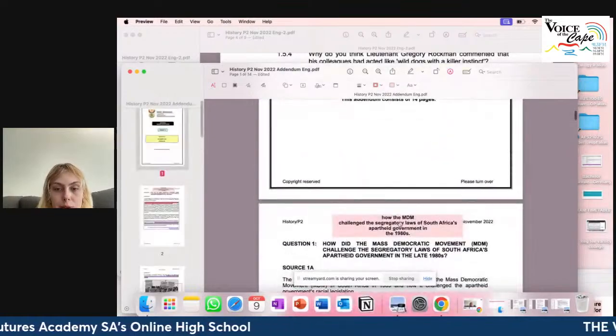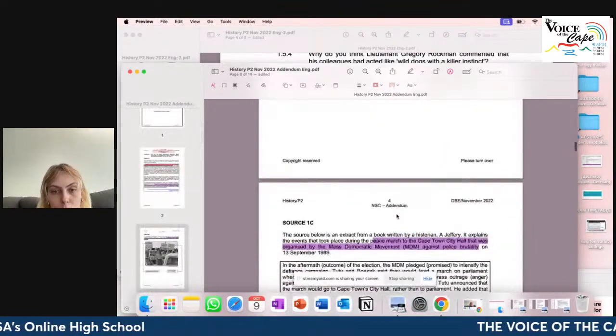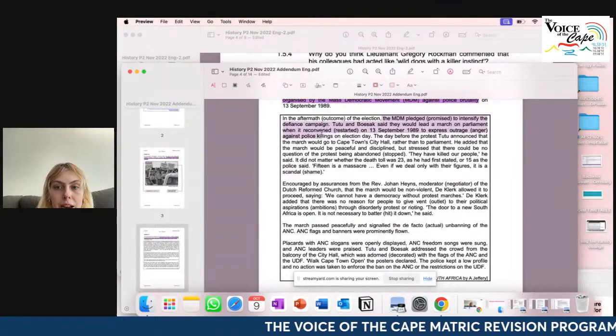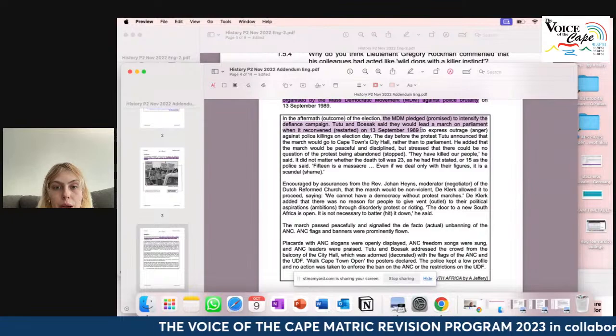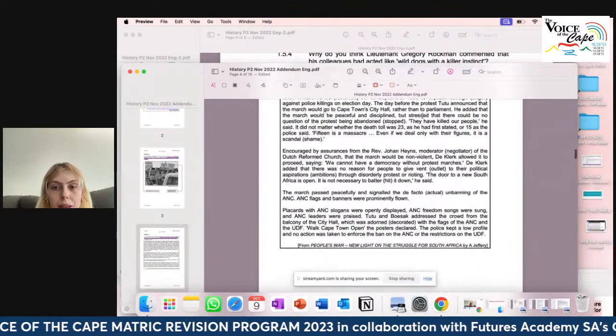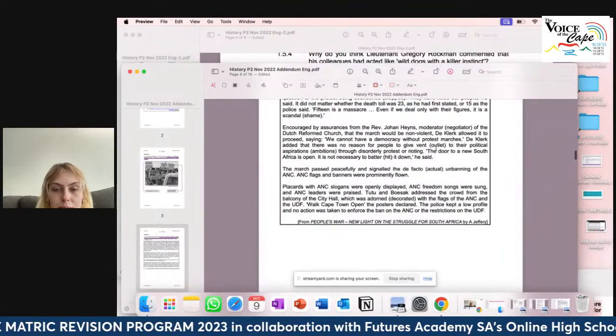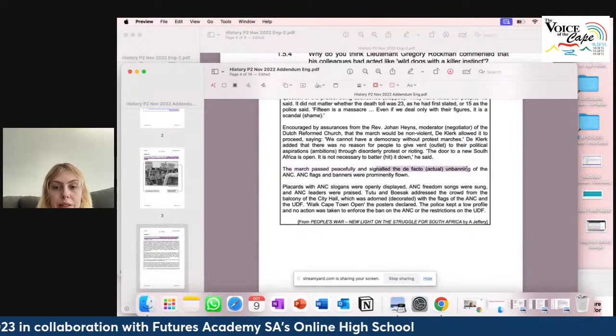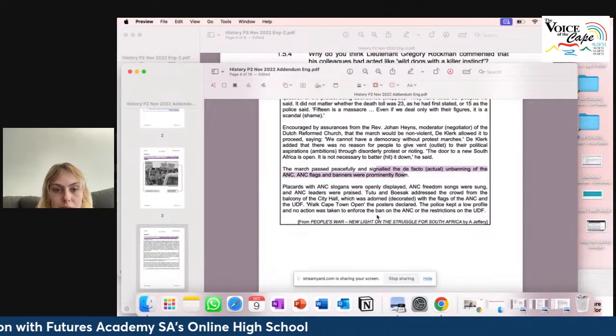Here, again, we're looking for how they challenged segregatory laws. So here, they intensified their defiance campaign, where they led a march on parliament. Here, the march passed peacefully. It signaled the actual unbanning of the ANC.